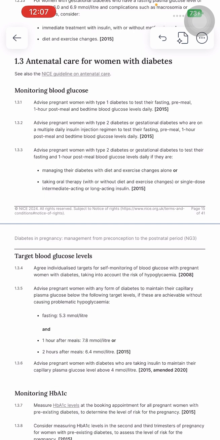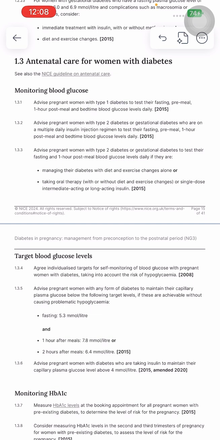In that case you advise her to monitor her glucose level pre-meal, 1 hour post-meal and at bedtime, as already mentioned for those on a multiple daily insulin injection regime. Multiple means they are taking both short-acting and long-acting, and those are type 1 diabetes mellitus.